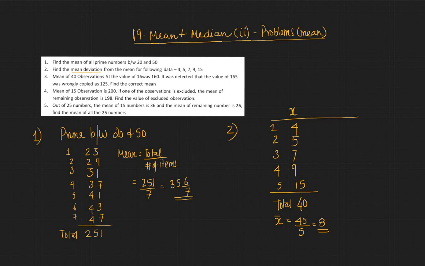So what is deviation from the mean? Each of these values is deviating from the mean. So let's find out the deviation from the mean for each of these values. x minus x bar means here it is 4 minus 8, and this is the deviation from mean.